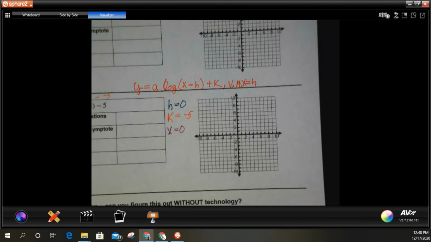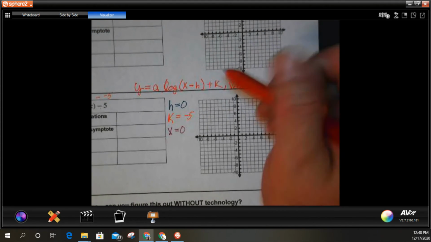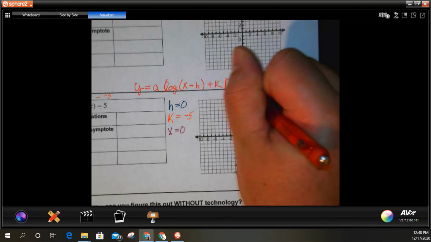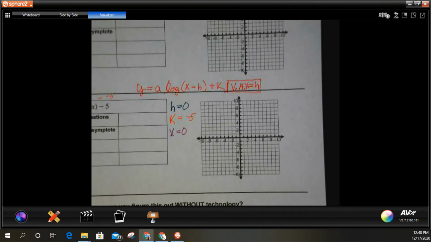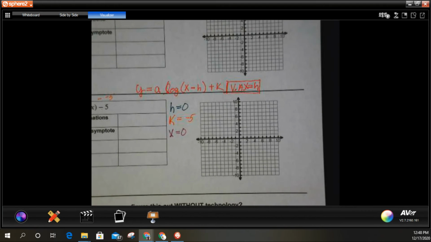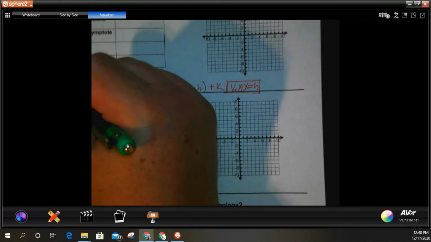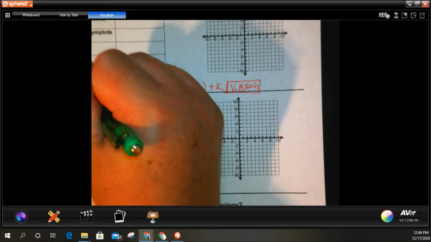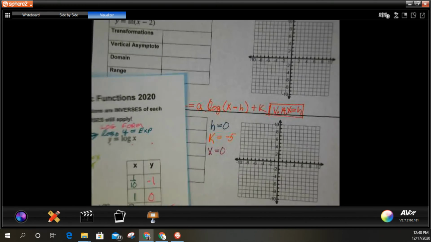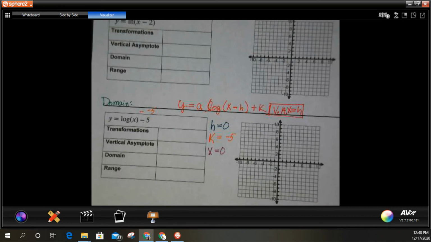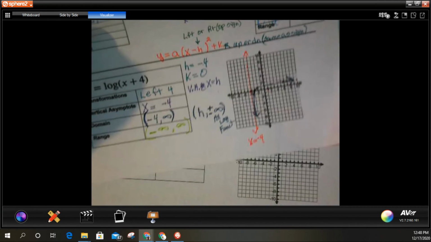Okay, my domain we figured out from the previous problem. The domain was our h to plus or minus infinity, depending on what our a was.